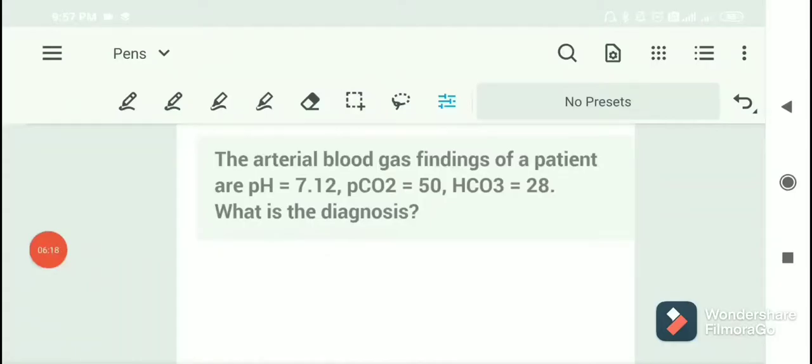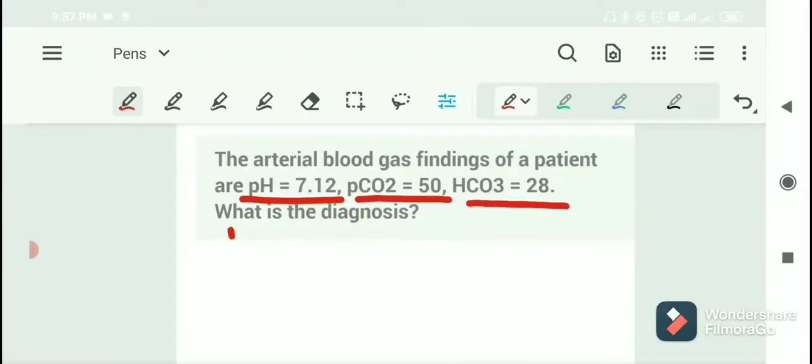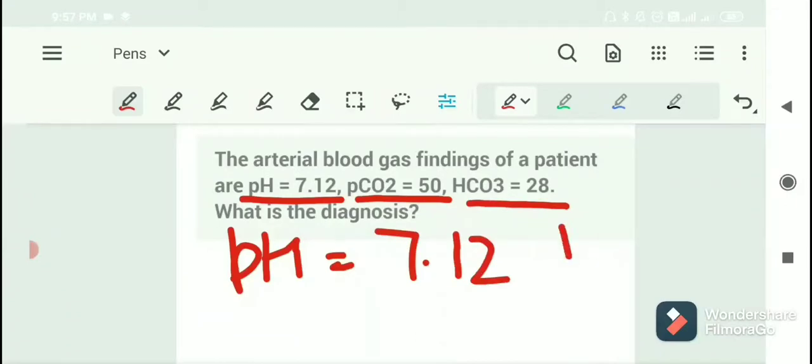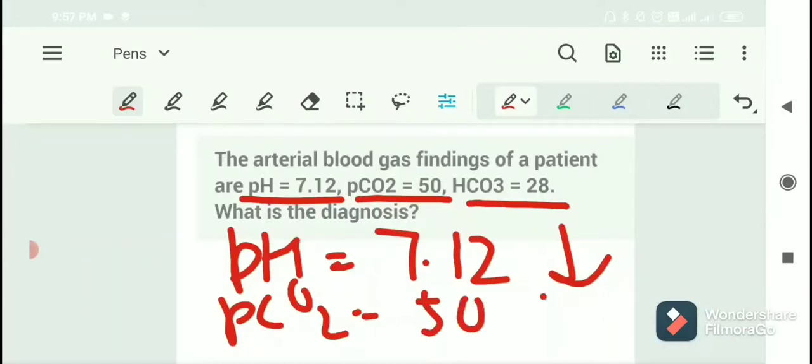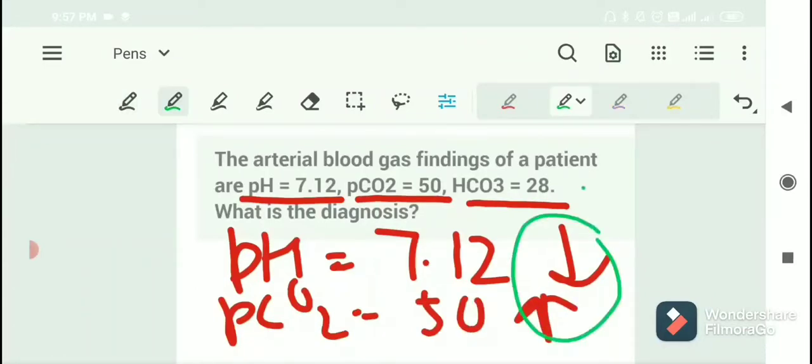Now next question. The arterial blood gas findings of a patient are pH is 7.12, PCO2 is 50 and bicarbonate level is 28. So pH is 7.12. That means it has decreased. Now PCO2 is 50. That means it has increased. So now here we can say these are going in the opposite direction, right? So this is respiratory acidosis.